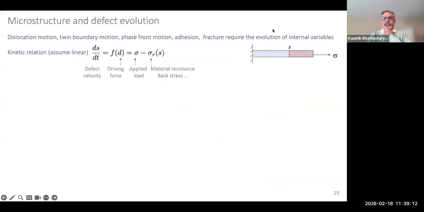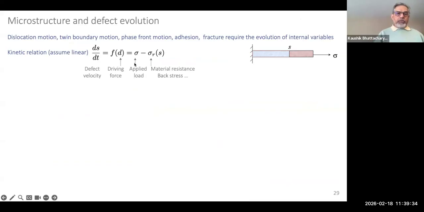So now let's think of it as some kind of free boundary problem. So I have a bar, a one-dimensional medium, I'm pulling on it, and there's some defect at position S. You can think of it as a dislocation, you can think of it as a phase boundary, whatever.